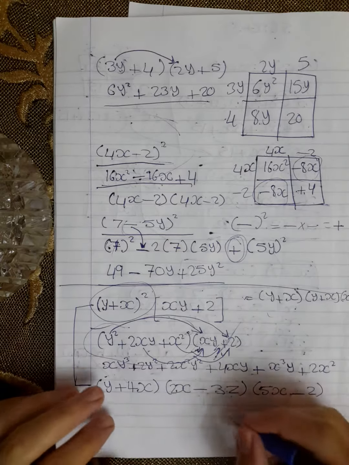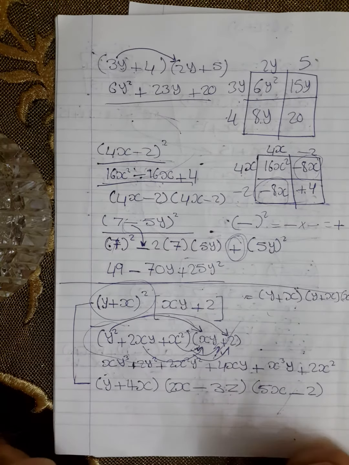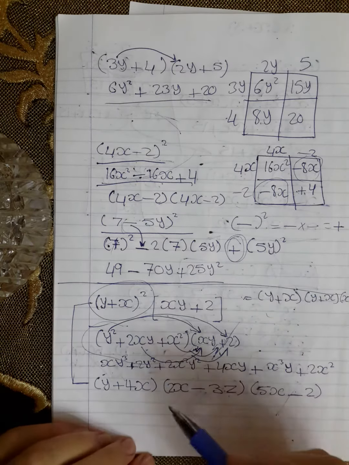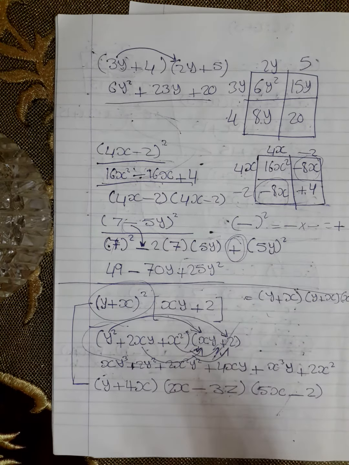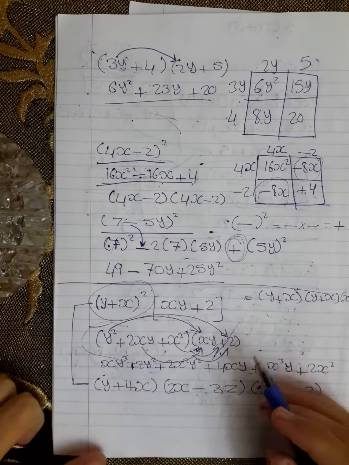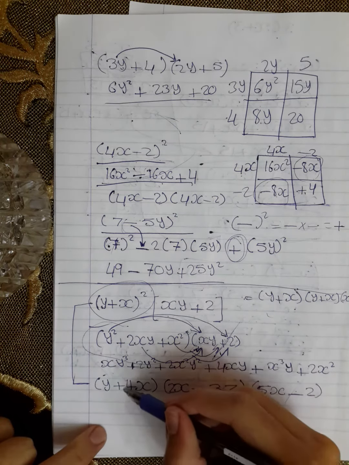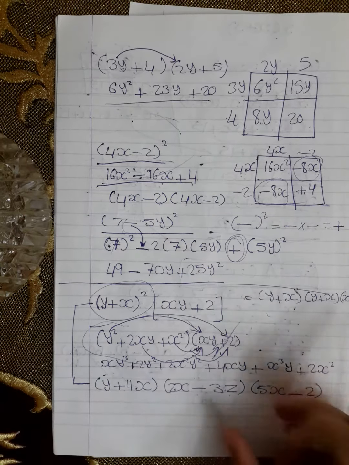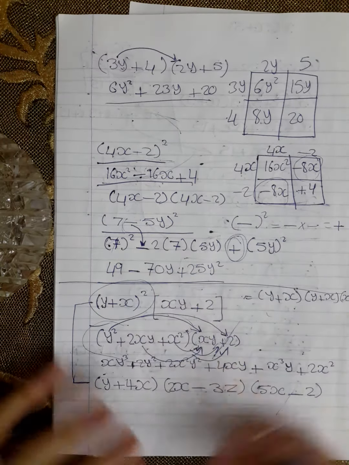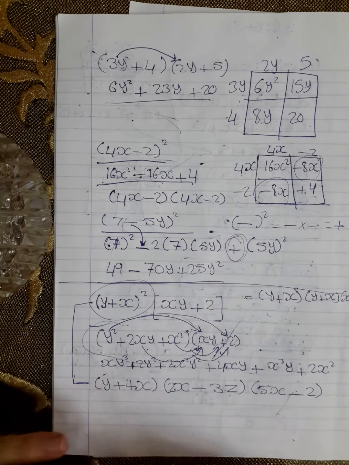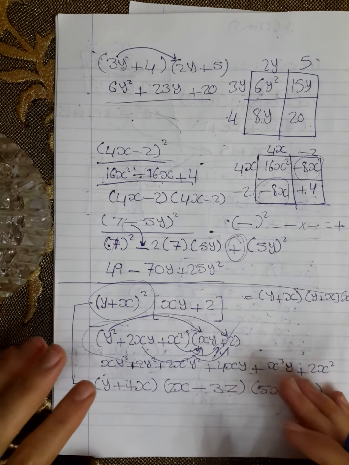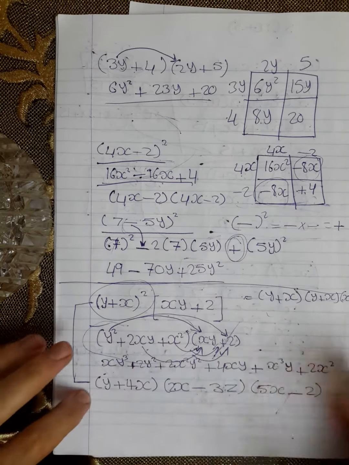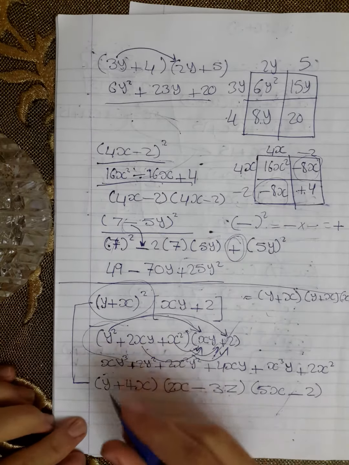So you need to be neat and fast, so that the problem doesn't take forever. Now I have 3 brackets multiplied by each other. I can multiply this times this, or this times this, and the product I multiply by this one. It doesn't matter, it's a multiplication problem. So I will take it from the left to the right.